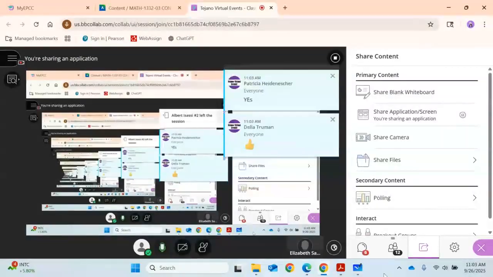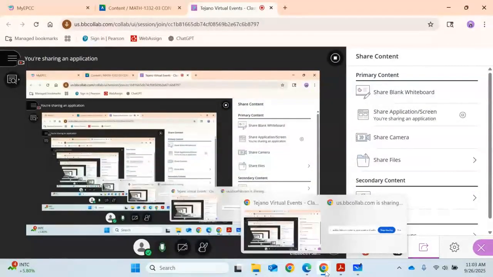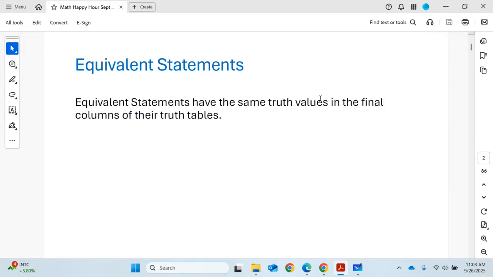All right. So let me get started with today's session. I want to do a little bit of a review of the truth tables. And while I cover the truth tables, I also want to mention equivalent statements.